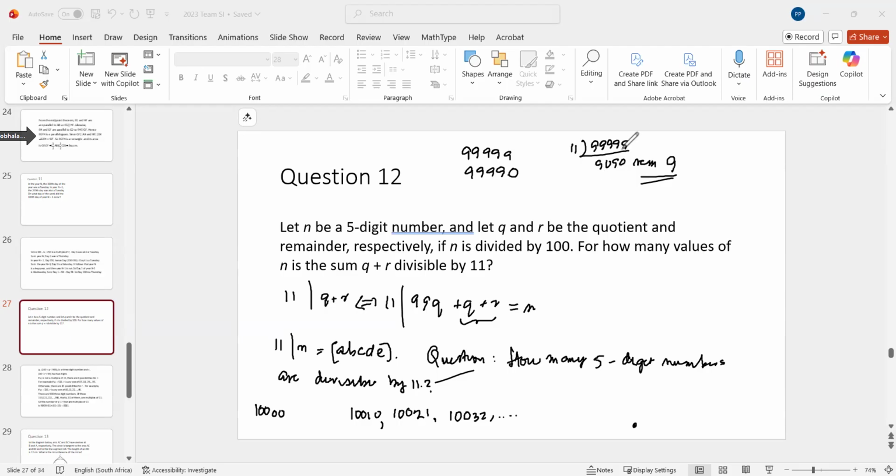So when you subtract 9 from this number, this is what you will get. I can't add 2 to this because you move into a 6-digit number. So I want to still remain at the 5-digit number. So this thing goes all the way up to 99990. So these are the multiples of 11.